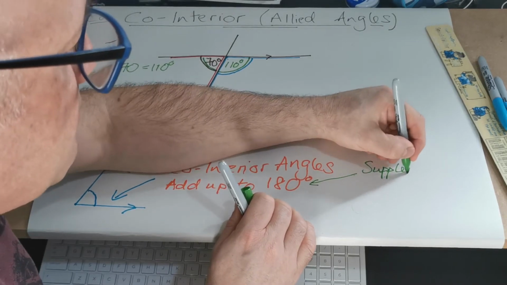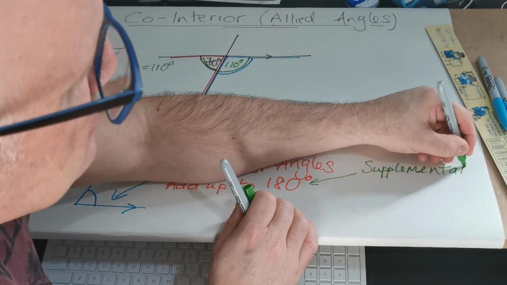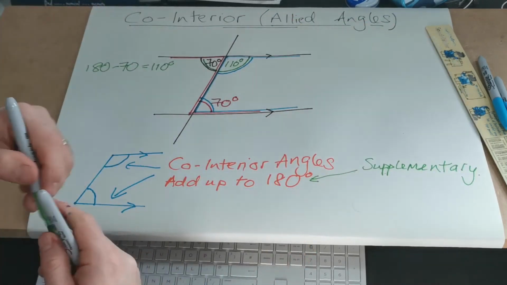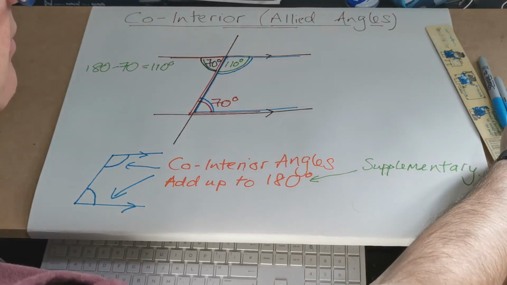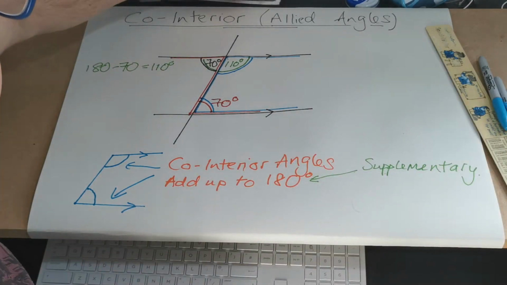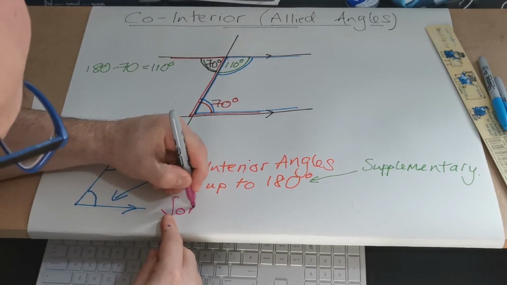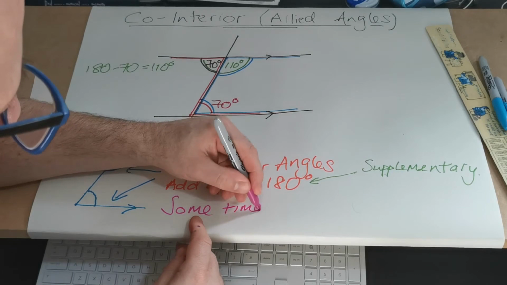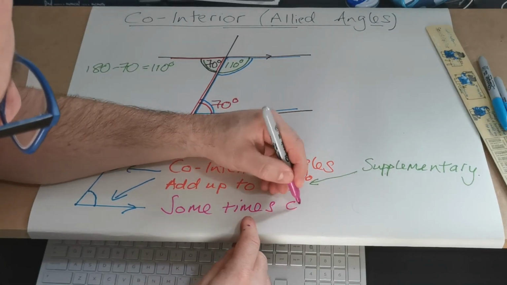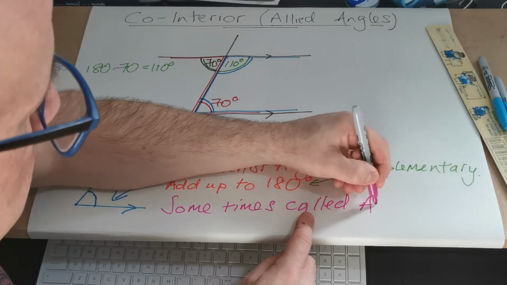That's not important, but it's important for me to keep telling you that, so that if you ever see that word again, you will have heard it lots of times and will know what it means. So co-interior add up to 180 degrees, and they are sometimes called allied angles.